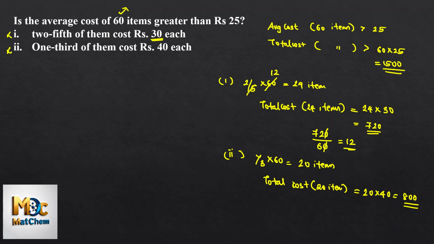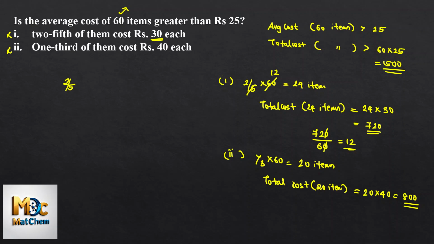Now we are taking a combined approach. When you take 24 items from the first statement, the total cost is 720. For 20 items, the total cost is 800.